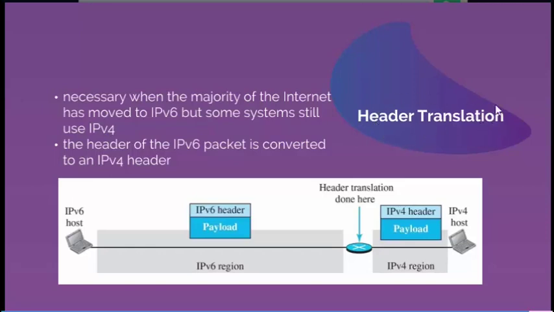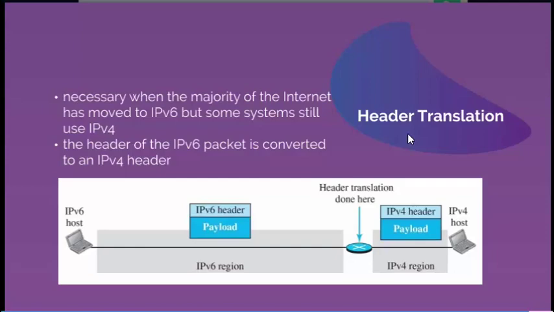That is why header translation is very important, so that even if IPv6 is here but IPv4 is still present, there is an interchangeable translation. So the header of the IPv6 packet is converted to an IPv4 header, so that it can still work in the IPv4 area.